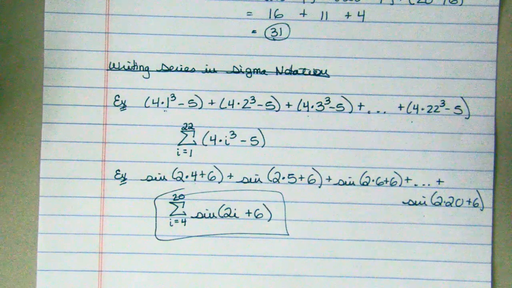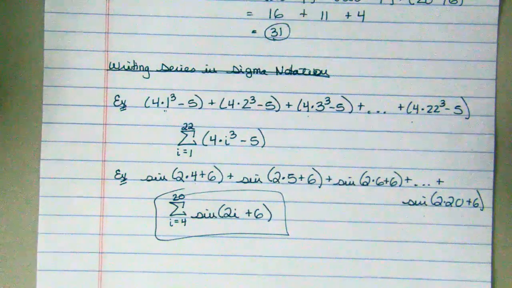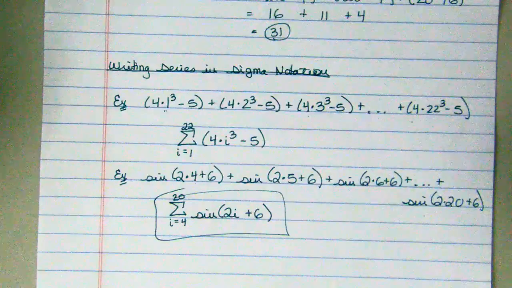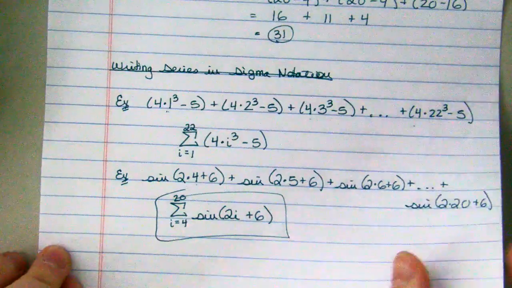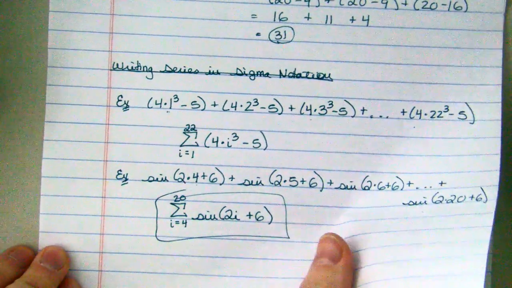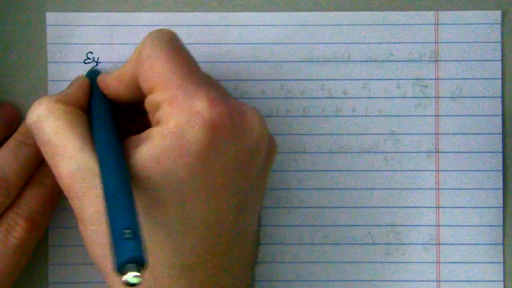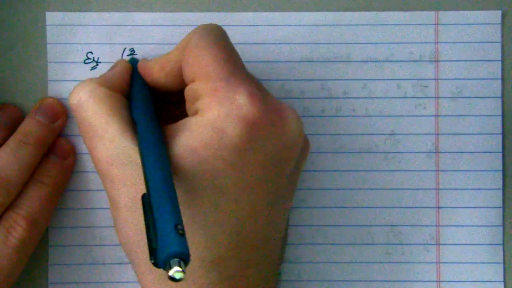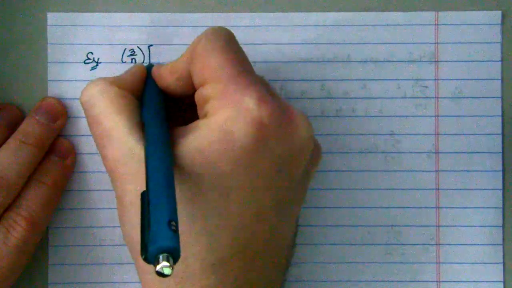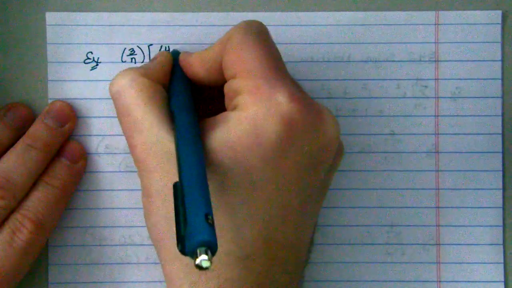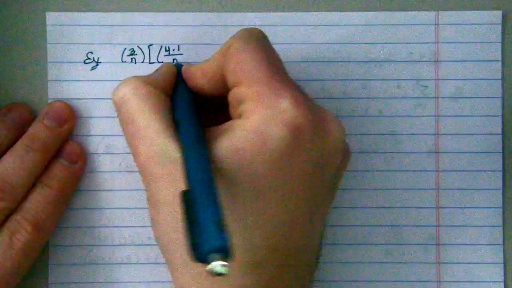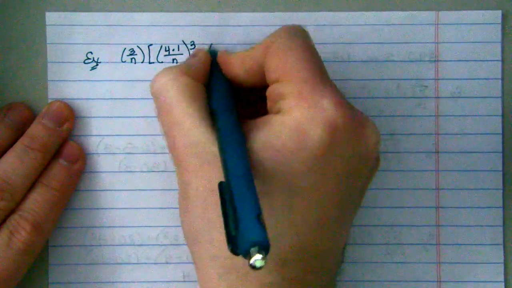We're now going to look at a few that are a little bit tougher, but more along the lines of what we're going to end up dealing with to do our area approximations. For the next one, 3 over n times... you know what, I'm just going to write, you write, and I'll pause once I'm done writing this down.